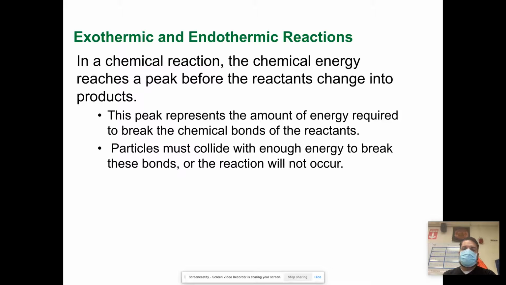Particles must collide with enough energy to break the bonds, or the reaction will not occur. So basically that spark is enough energy to set one molecule on fire. When those molecules are released, they can bump into other molecules, releasing other bonds, and then it starts a chain reaction.